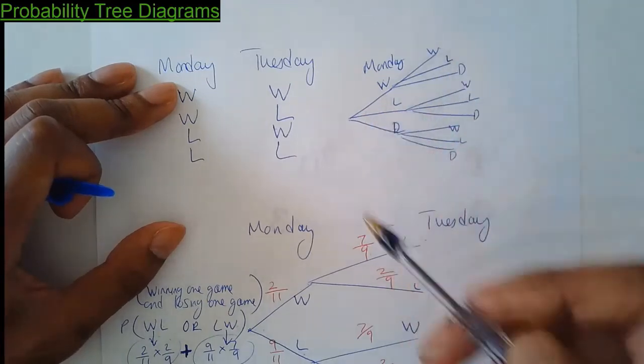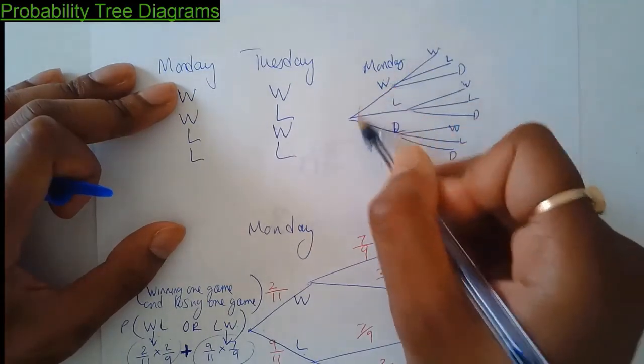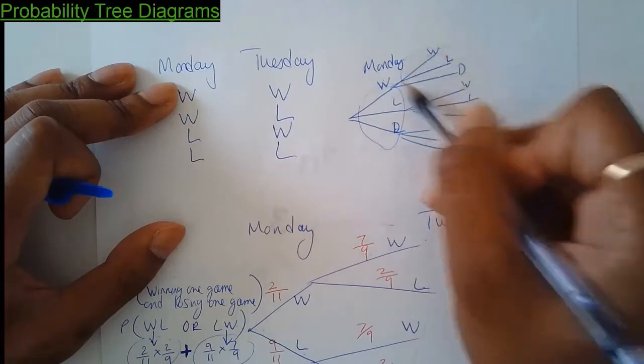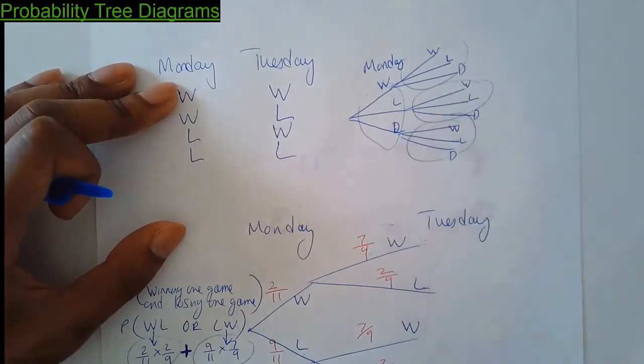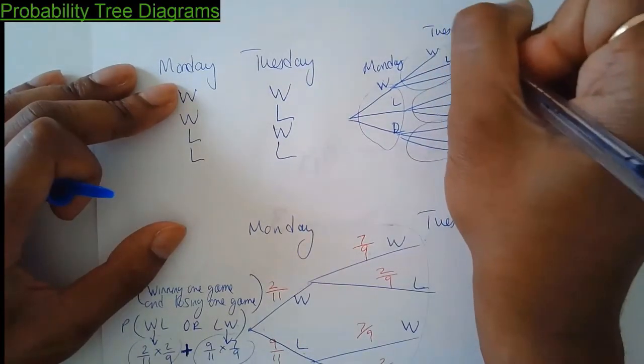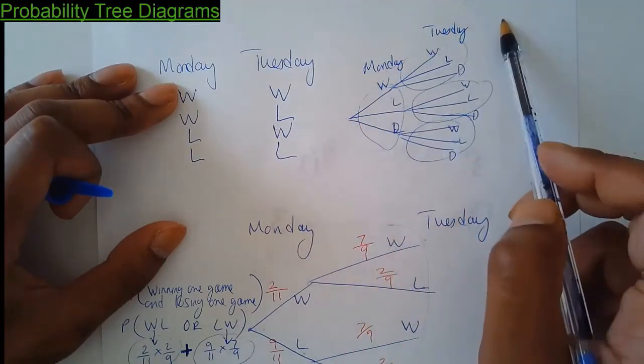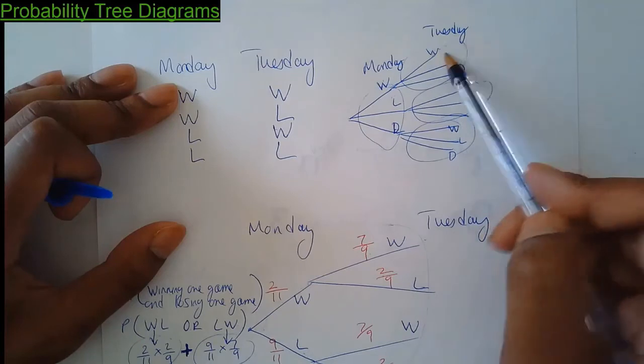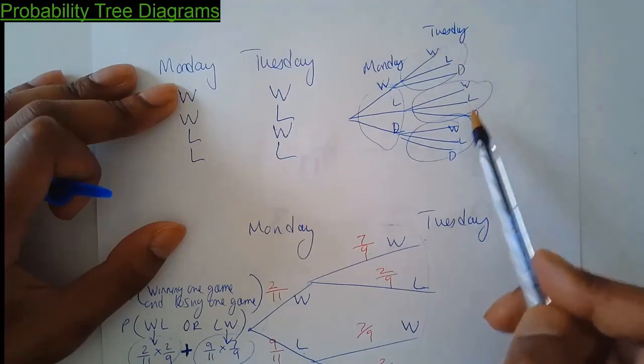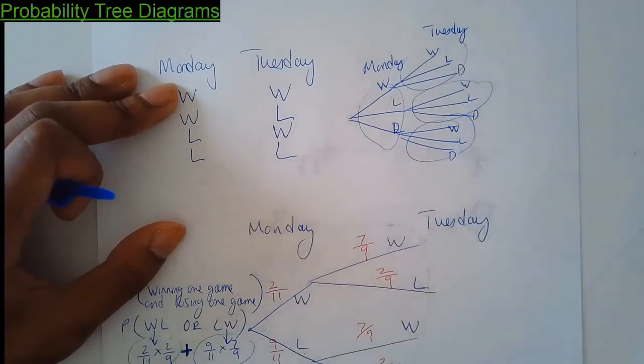You can see a lot more numbers would go there, but one thing is each set of branches would add up to one whole. And then you can imagine if I had Monday, Tuesday, Wednesday as well, there'd be 3 coming out of each one of those. So it gets a lot more complicated.